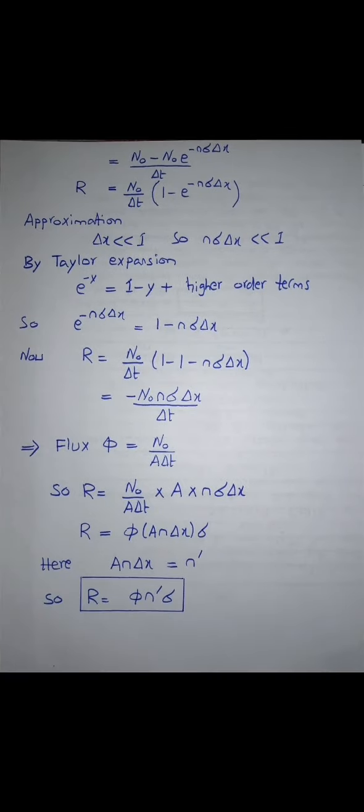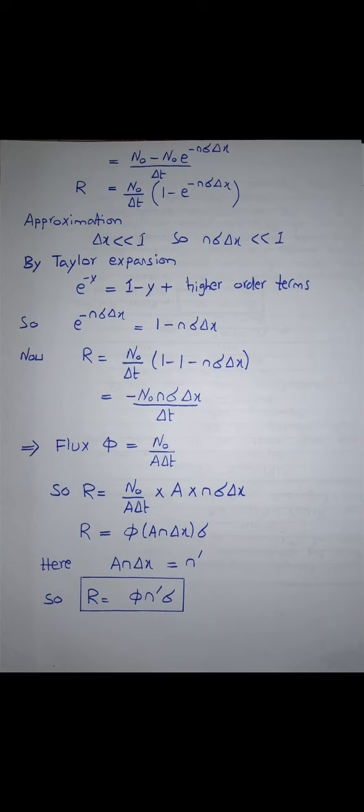By putting the value of n into the above relation, we get n naught minus n naught e raised to power minus n sigma delta x, divided by delta t. In the next step, by taking n naught divided by delta t common from both terms, we get n naught divided by delta t into 1 minus e raised to power minus n sigma delta x.